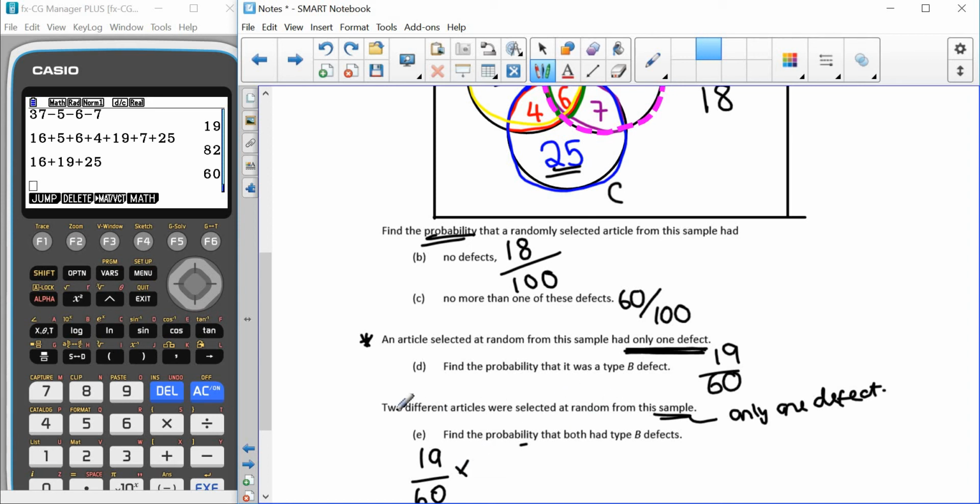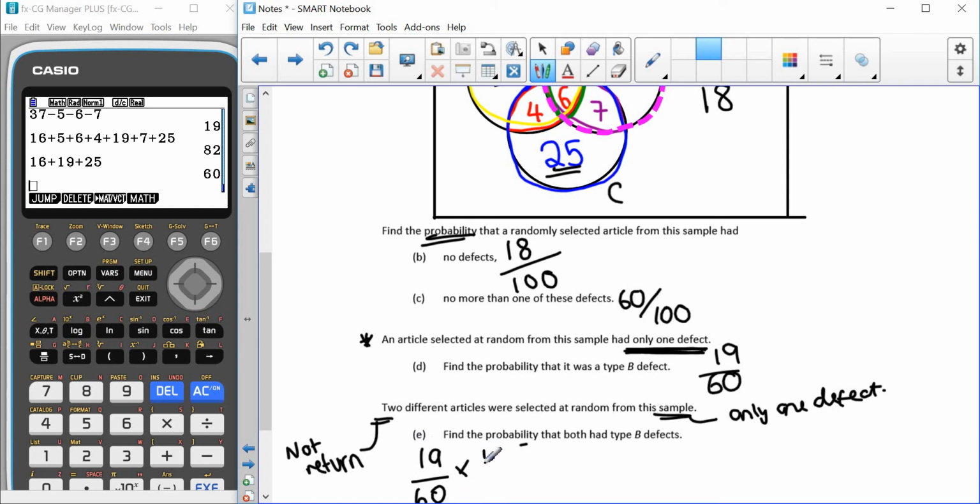And we're wanting the second item, because it says here that we're selecting two items, to also have a type B defect. It also doesn't state whether after we selected this article, if it's being returned to the pile or it's not being returned to the pile. So again, it's a bit ambiguous. I'm going to read this as it's not being returned. In an exam style situation, as I said before, it would be a lot clearer than this.